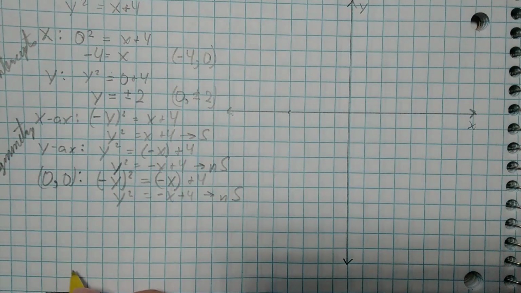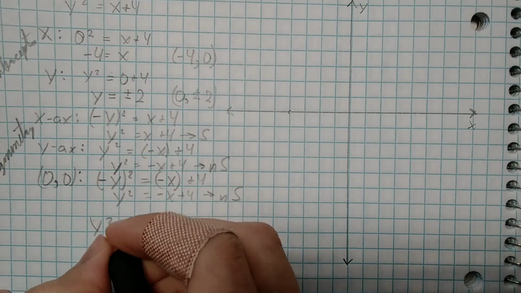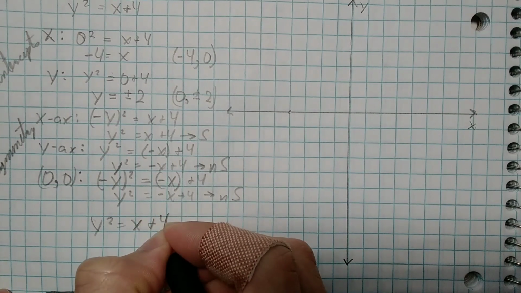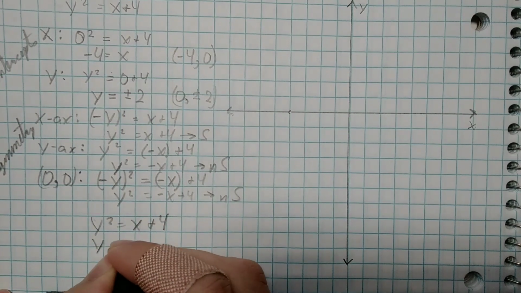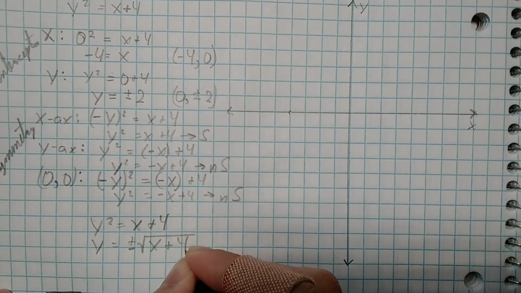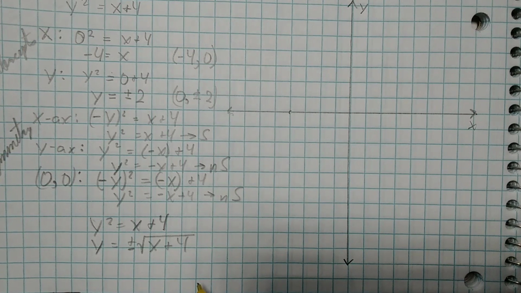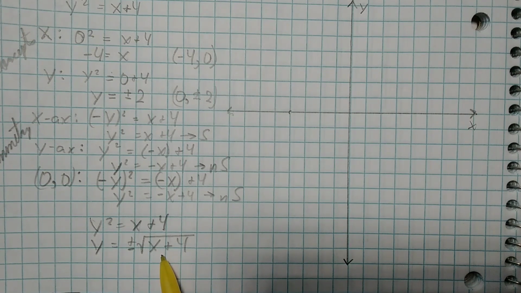Now, real quickly for domain, if we have the equation y squared equals x + 4, we solve for y. That's plus or minus the square root of x + 4. And we think, well, what values can we put in here? We can't get a negative value under the root, right? That would be imaginary.